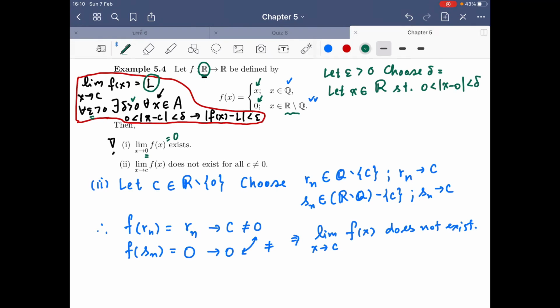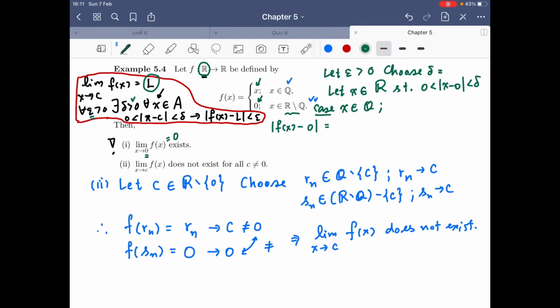So the first case that we can consider is that x is rational. Then the inequality that we need is f of x minus L, which is 0.